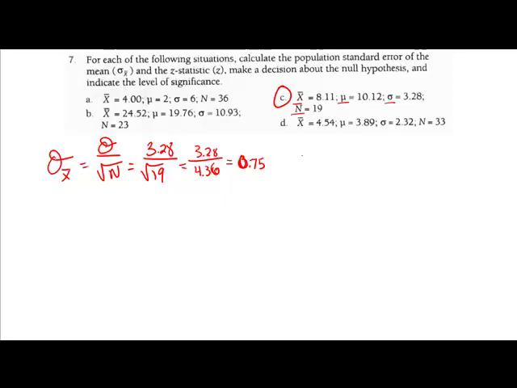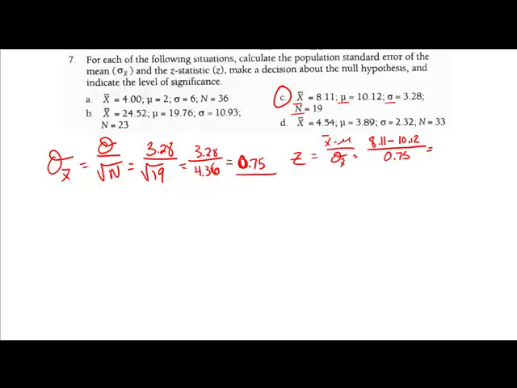0.75. My z is now going to be x minus mu divided by the standard error. Same equation, essentially. 8.11 minus 10.12 divided by what we just calculated, 0.75.